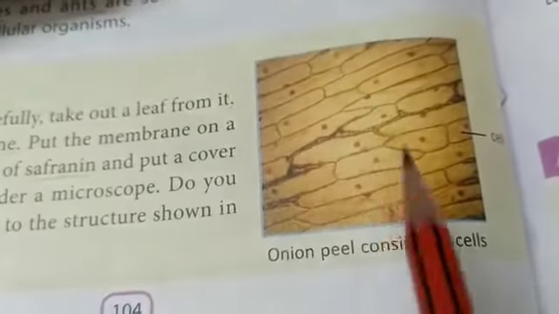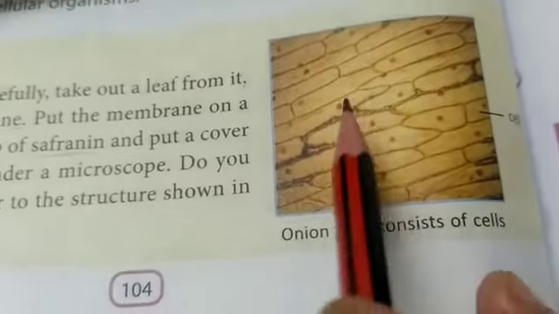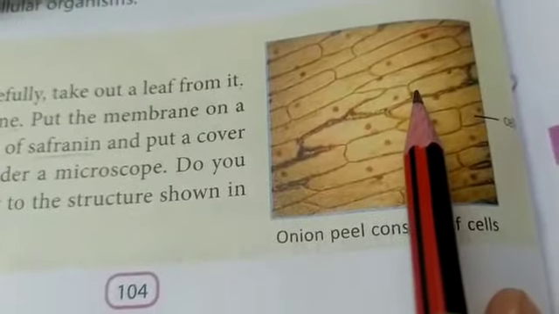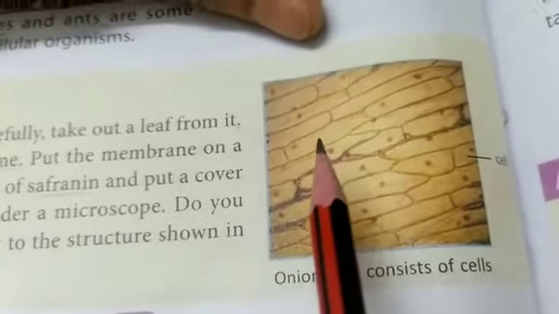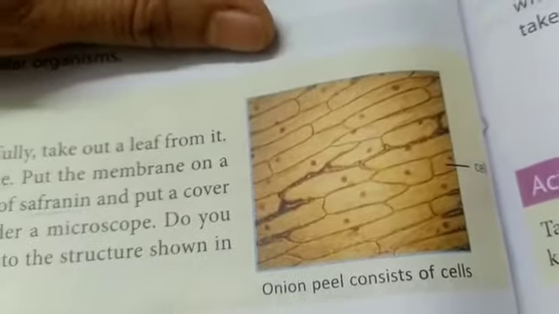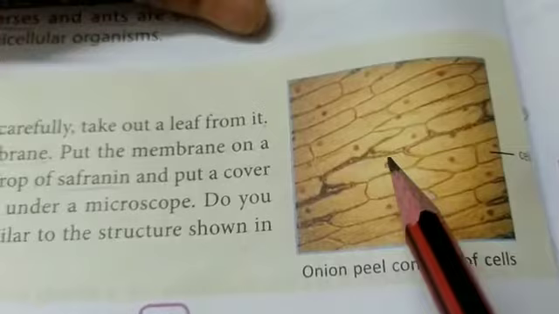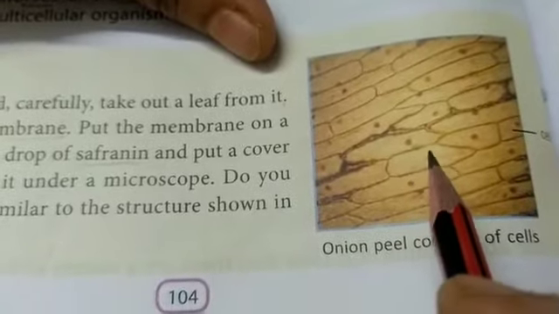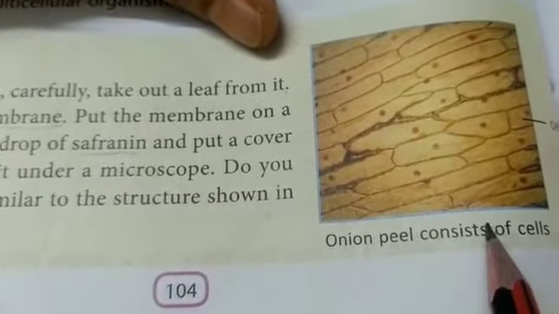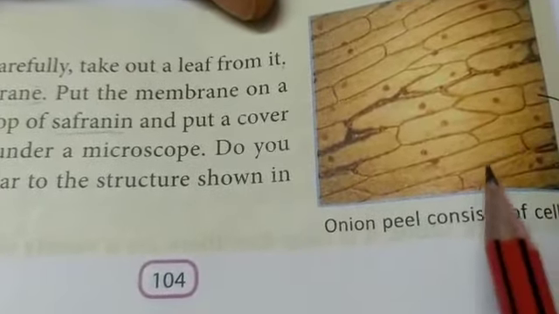Yes, it will be like this as shown in your book. You can see the diagram which is given in your book. Yes, the onion peel consists of cells. So what you have to do is take an onion, peel it, cut it, take out the skin layer, place it on a slide, put a drop of safranin on it, and then observe it under the microscope. The structure will be similar as shown in your diagram. It will be like this.